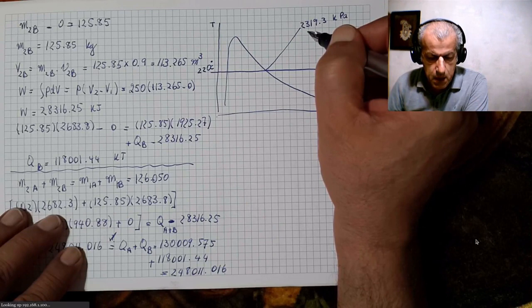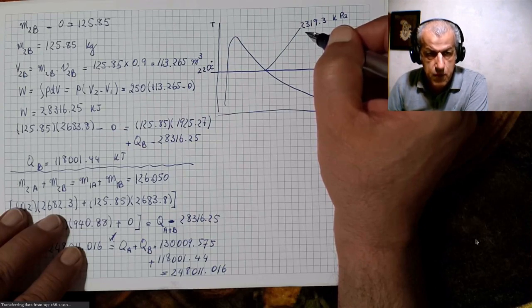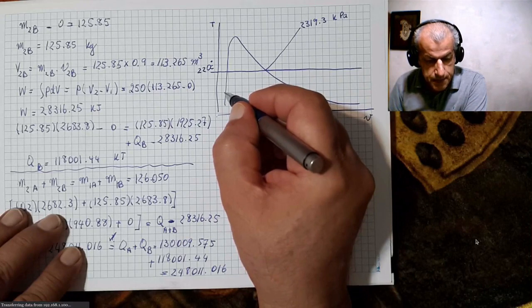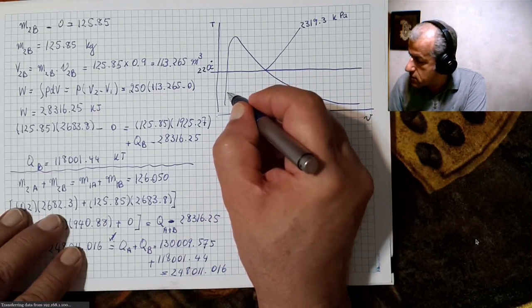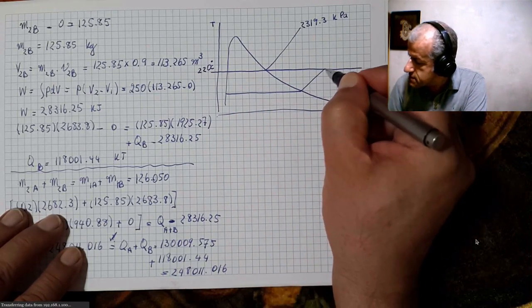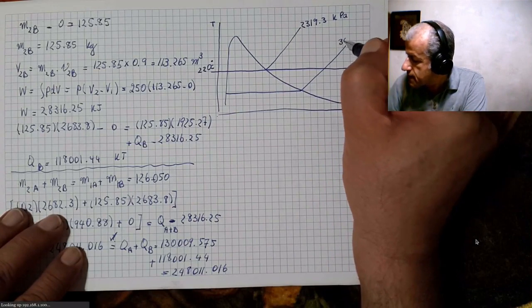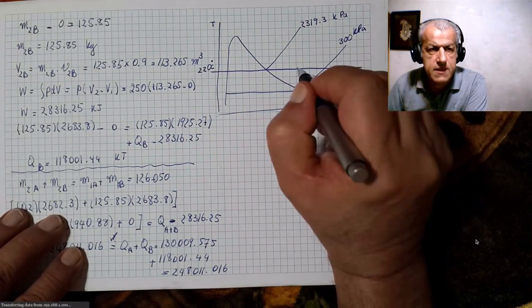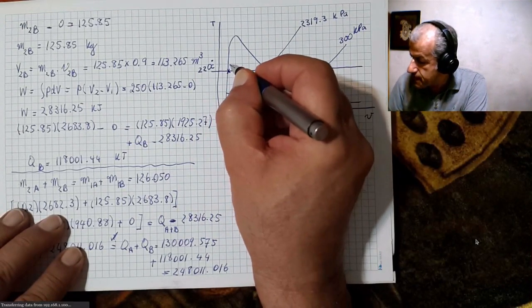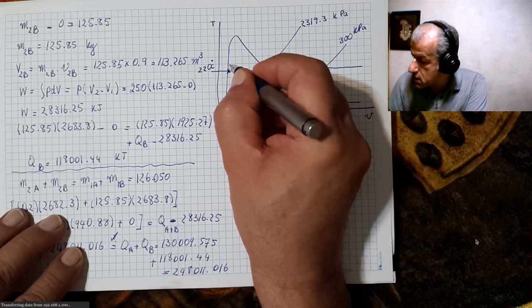Now, there's one line which is the 300 kilopascals, which is the final point for A. I mean, the process on A would end at 300 kilopascals. So if I draw this line for 300 kilopascals, the process in A starts from this point, which is A1.